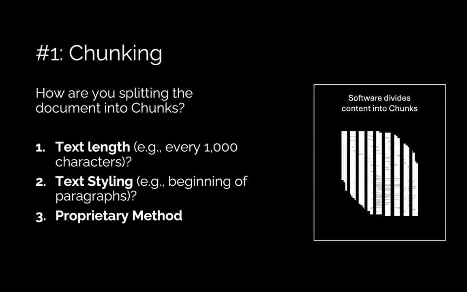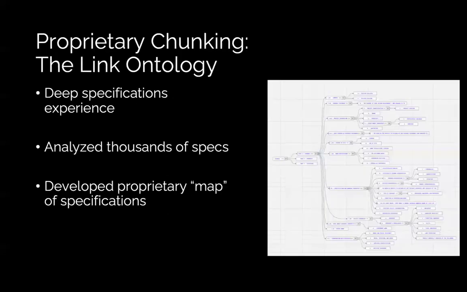For B2B applications like construction, you're often going to find that a proprietary method makes better sense, certainly to get the most out of what you're doing. An example of that is what we built at the link, where we start with a pretty good knowledge of specs and how they're built, but also we put thousands of specs through an analysis engine and created a proprietary map of specifications.